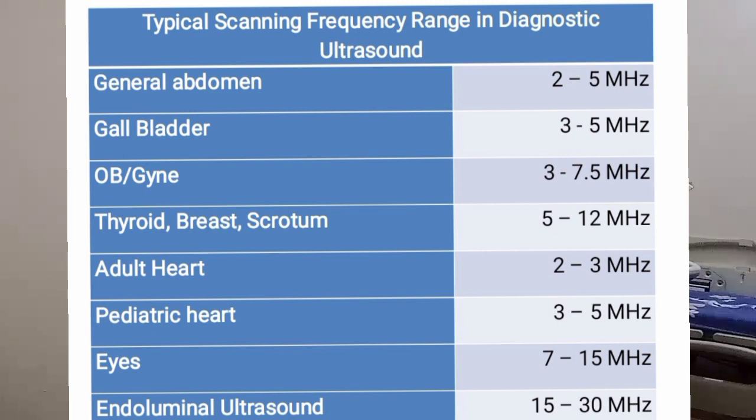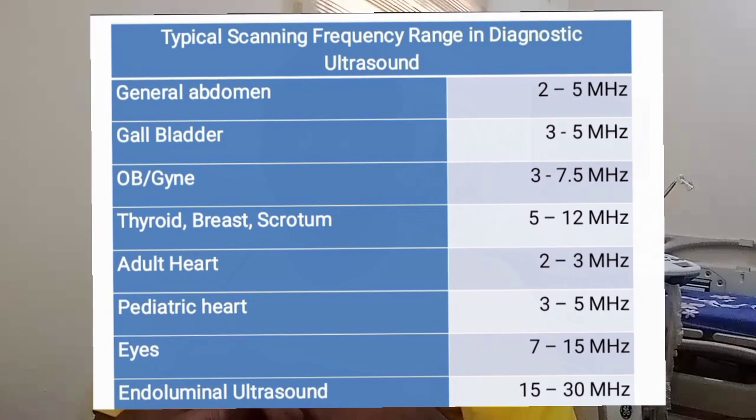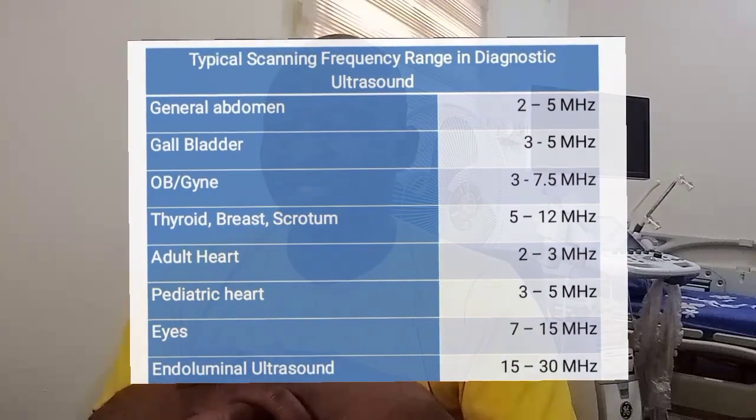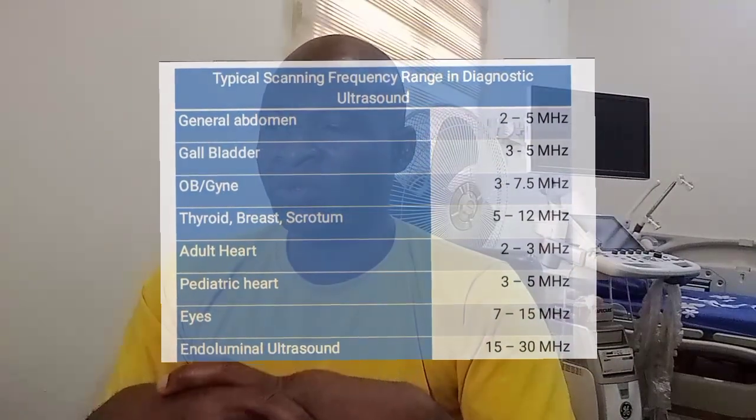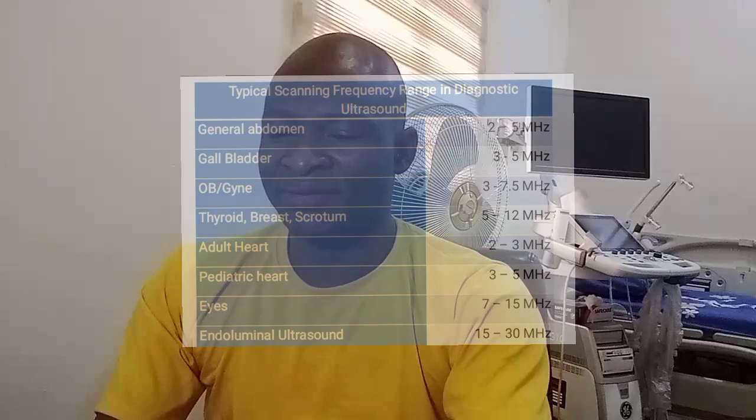Thyroid, breast, and scrotum, you can use 5 megahertz to 12 megahertz. Adult heart, you use 2 to 3 megahertz. Pediatric heart, you use 3 to 5 megahertz. For eye ophthalmology scanning, you can use 7 to 15 megahertz, while endoluminal ultrasounds will utilize 15 to 30 megahertz.